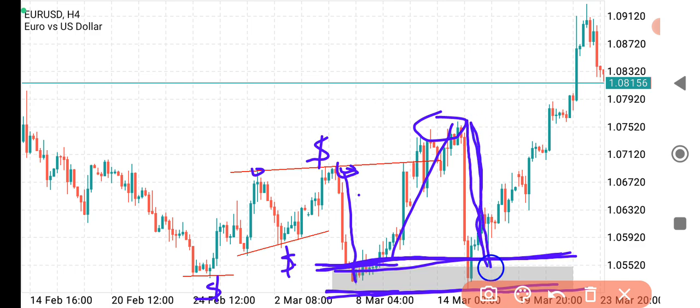It came back inside this other block, mitigated the other block, and then began to go up, or it mitigates the institutional candle. So it is the return of the market back into that institutional candle that took away the liquidity of this zone and this zone that we call mitigation.